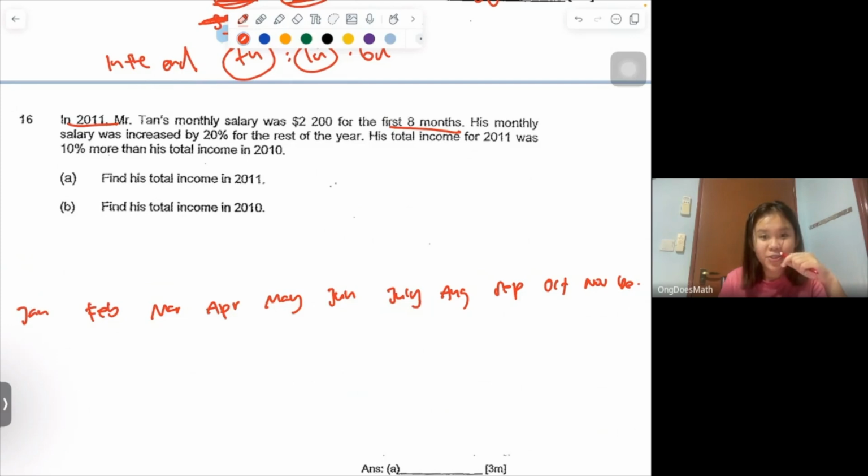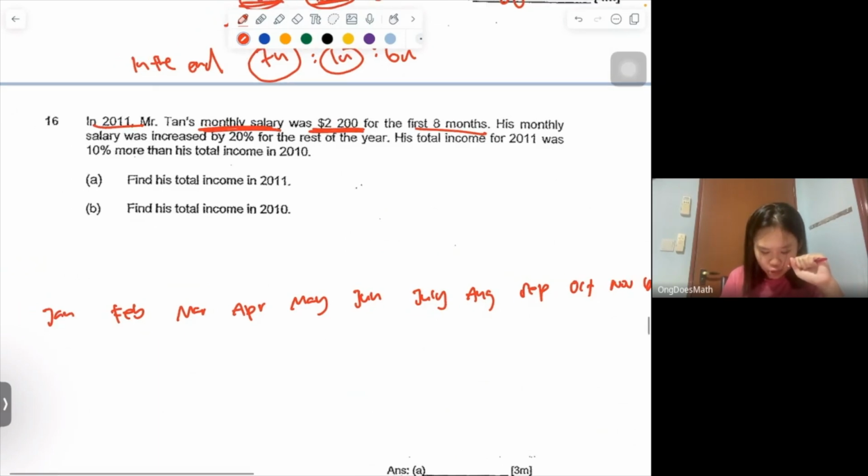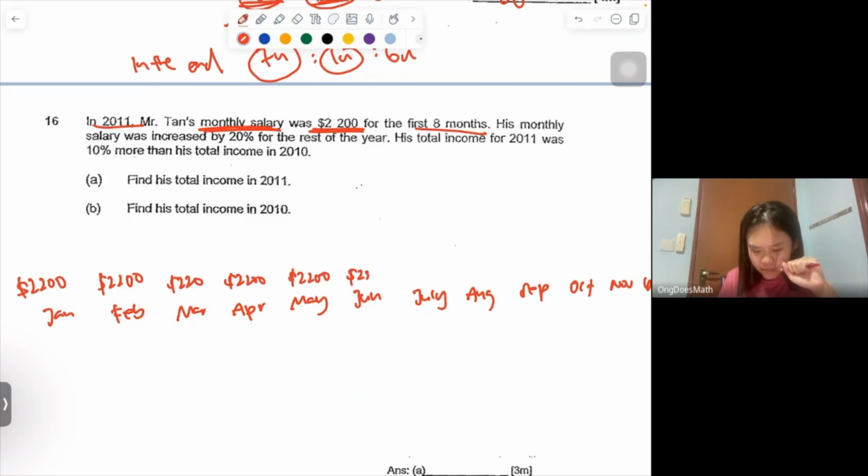I hope you know your 12 months. So for the first 8 months, monthly salary means per month, he earned 2.2k. So 2,200 first month, second month, third month, fourth month, fifth month, sixth month, 7 months, 8 months.